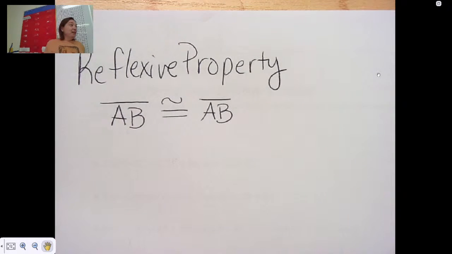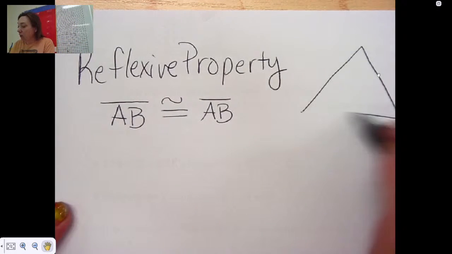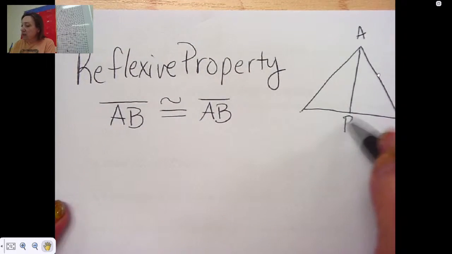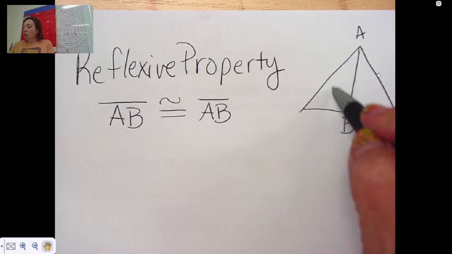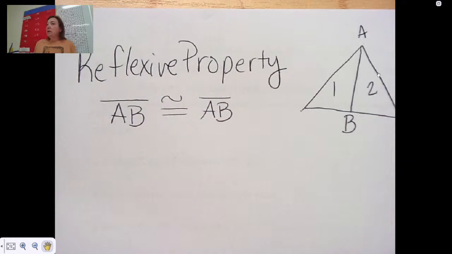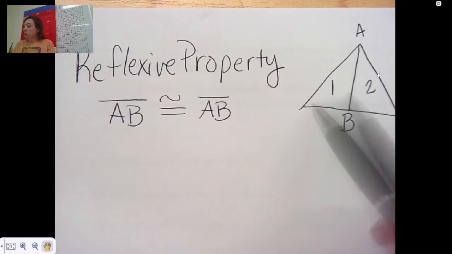Now that sounds crazy, doesn't it? Here's when this would come into play. Let's say you have a triangle like this, right? And that triangle has a line that goes down through here that is segment AB. This segment is part of triangle 1 and it's part of triangle 2 over here. If we're talking about this triangle, this segment AB is one segment.